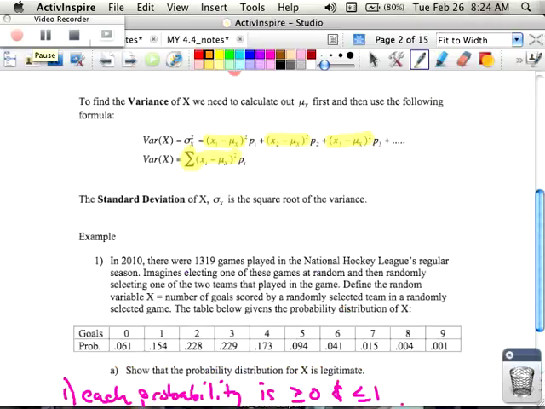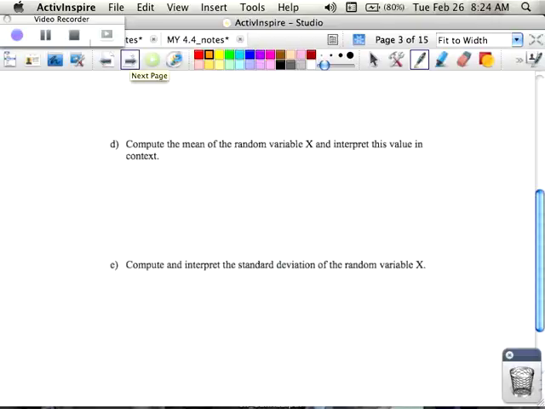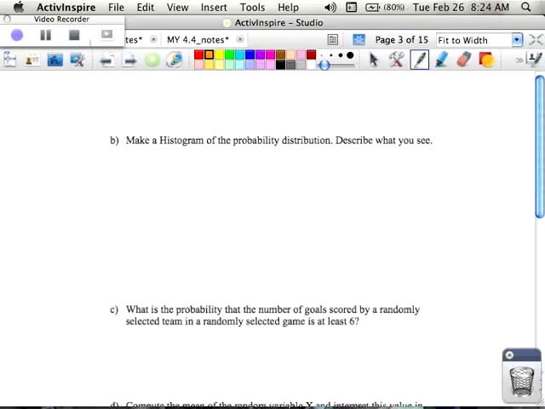The highest probability for the next part of this is 0.229. So when I make this histogram, I'm going to take that into consideration. As I make the histogram, probably the highest probability would be 0.25 that I would need.